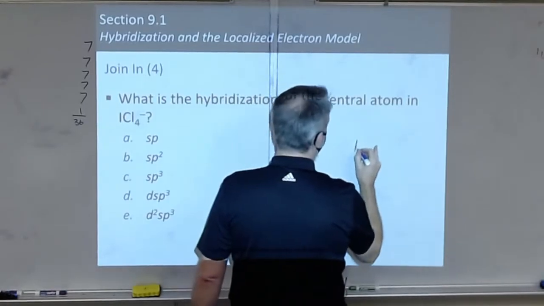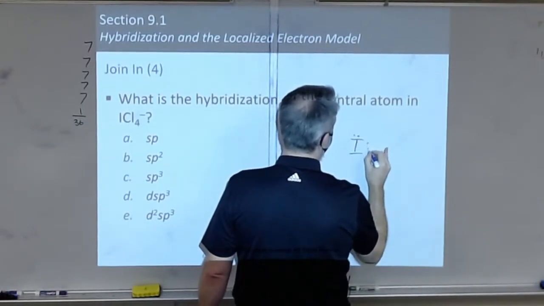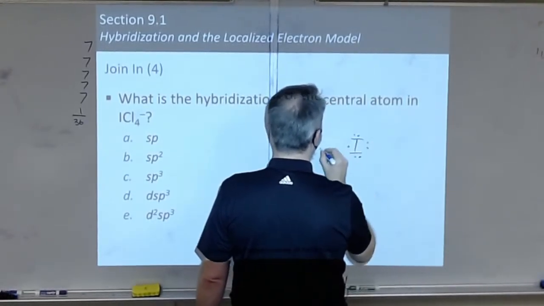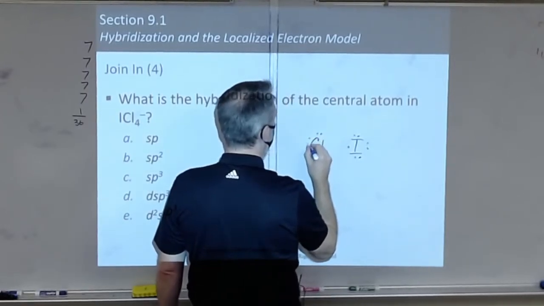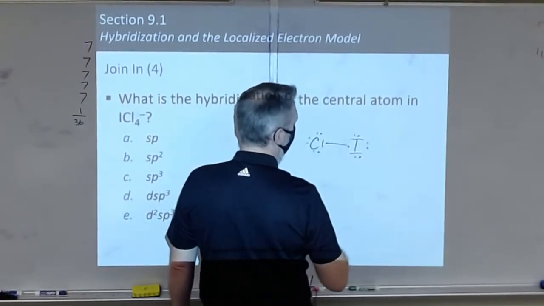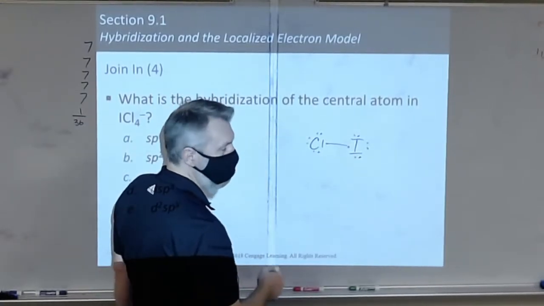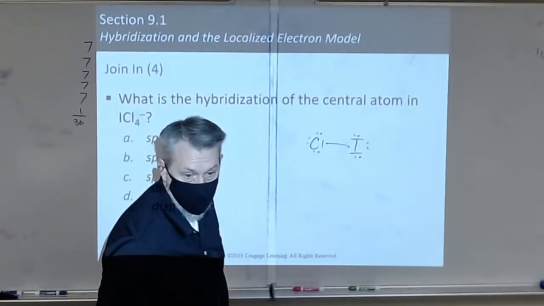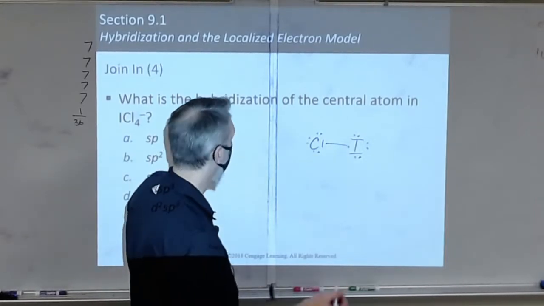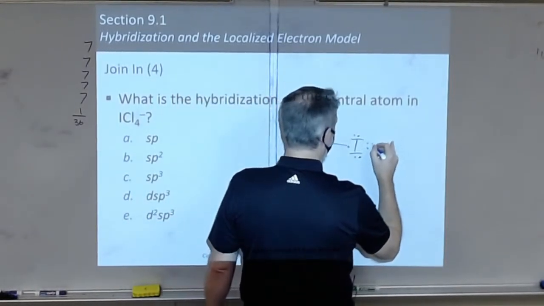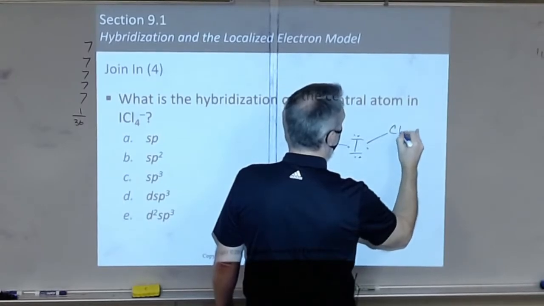All right, so I'm going to put I, and Cl. You okay with that? Good with that? That's the first one. How many more do we need to place? 3 more. So I'm going to put Cl.